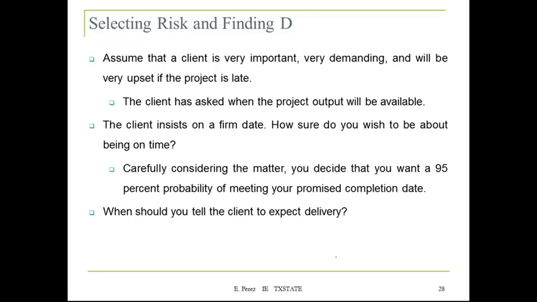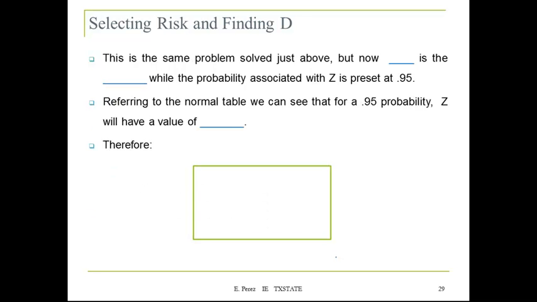So we can perform a similar analysis to get that number. So this is the same problem solved just a few seconds ago, but now D is the unknown, while the probability associated with Z is preset at 95%.